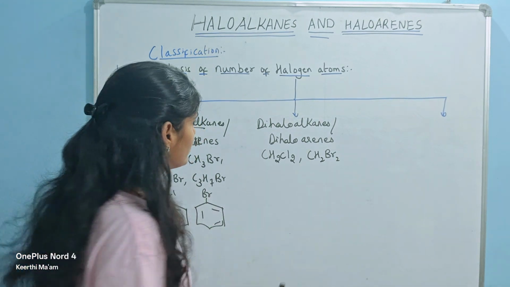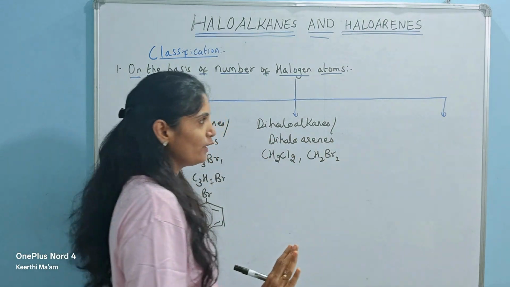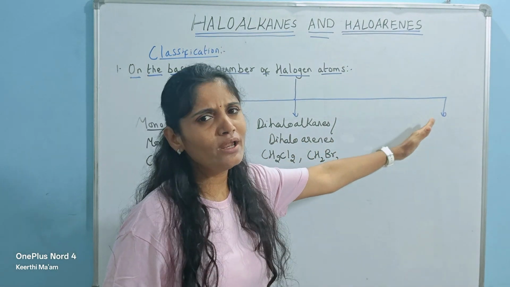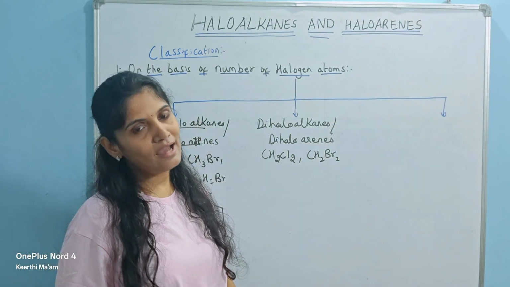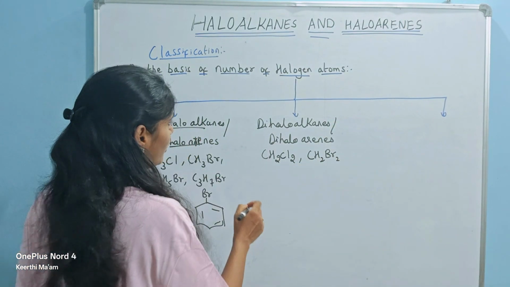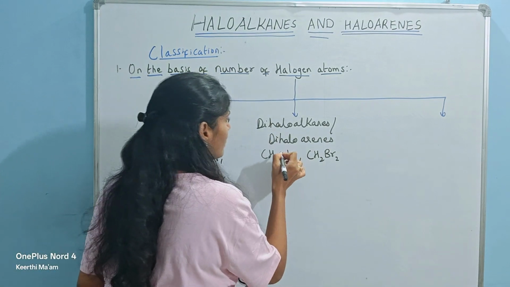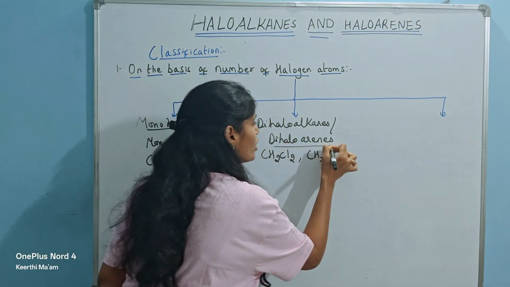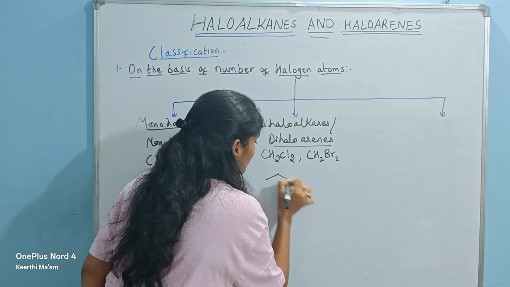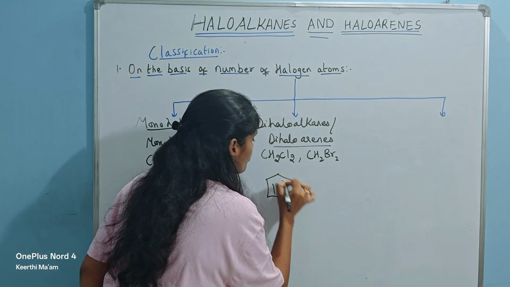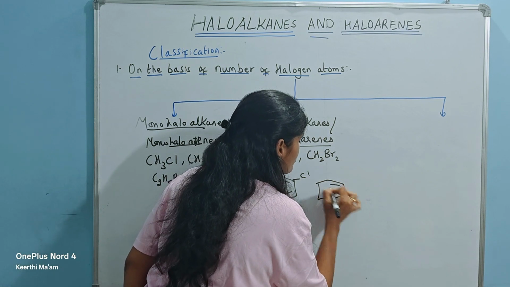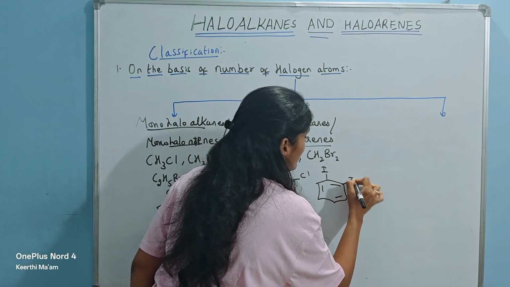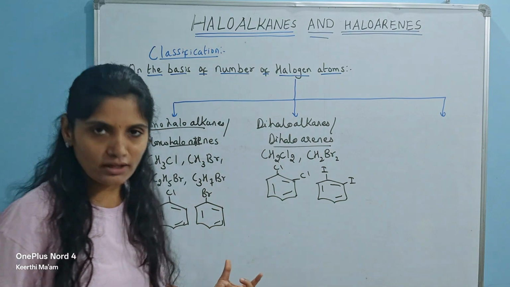Before that, let us write what dihaloarenes are, and then polyhaloalkanes or polyhaloarenes. Then I will classify dihaloalkanes further. When I talk about dihaloarenes, when I replace two hydrogens with two halogens, I call it a dihaloarene.